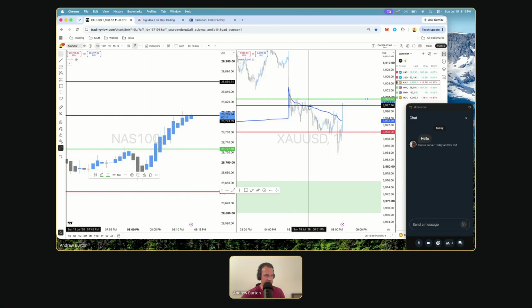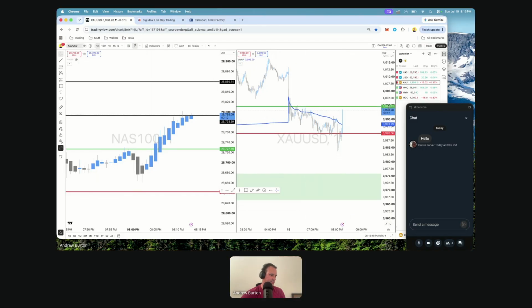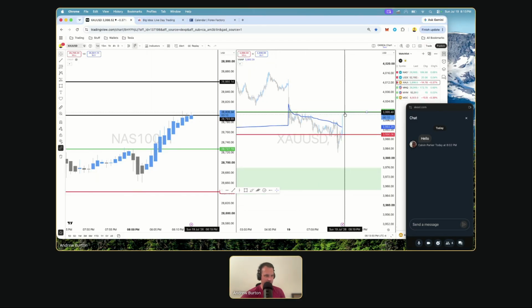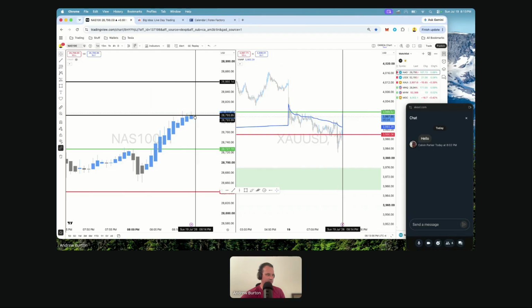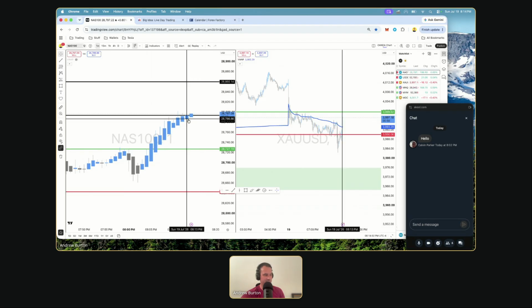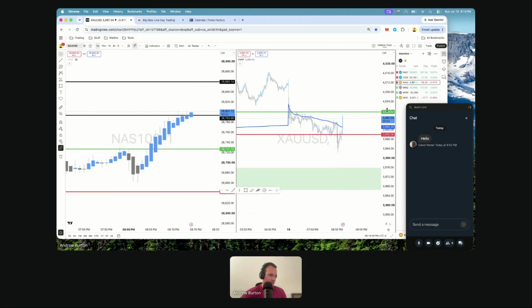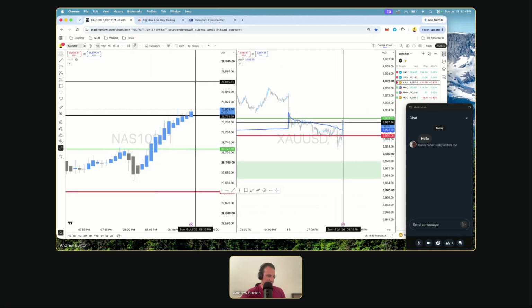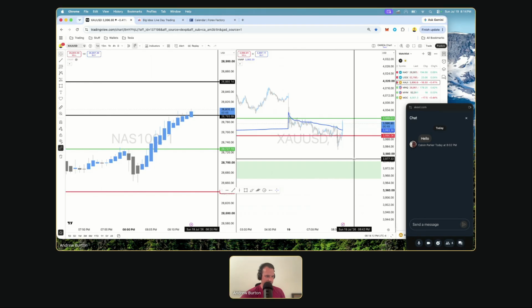There's a ton of resistance up in this area. Okay. So if we get a break of this line, then I could actually take my next trade. Boom. Okay. We know that this here, if we get a body open above this black line, then likely the odds are it's going to go to here. But you can see the volume is really starting to slow down in the NASDAQ. Okay. So this here, I think it's going to get rejected and come back down.